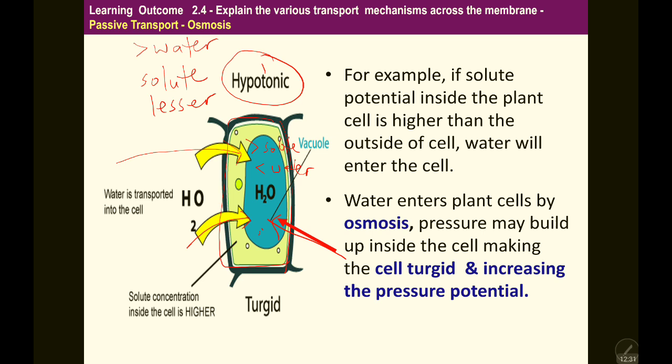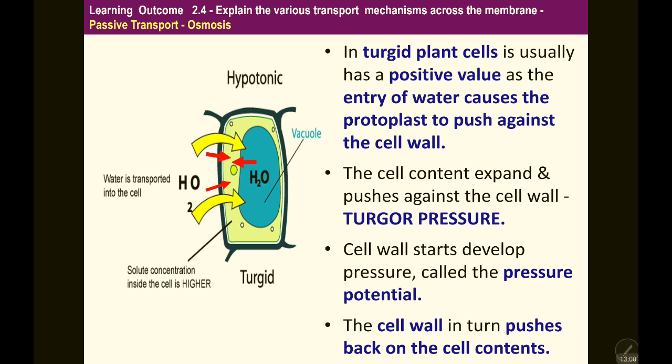So when water enters the cell, this cell is a plant cell. Plant cells have a cell wall. So there will be pressure that makes the cell turgid, and increases the pressure potential of the cell. So this cell has turgor. It has become turgid because the pressure presses against the cell wall due to the water entering the cell. So a turgid plant cell usually has a positive value for the pressure potential.